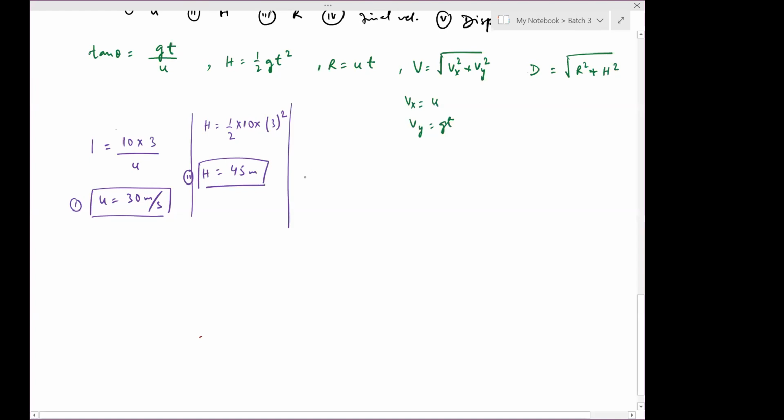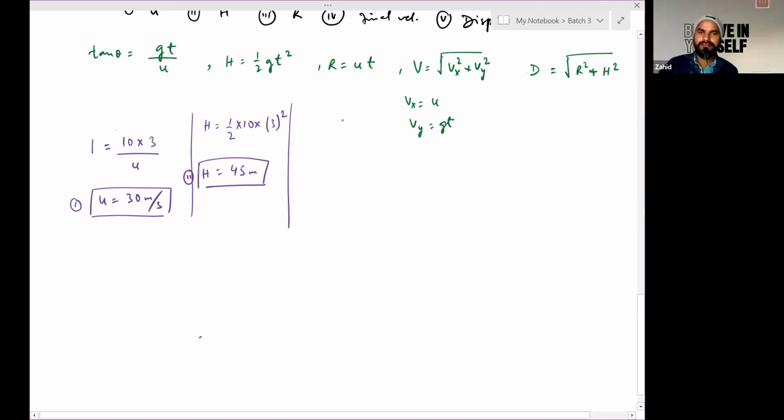Okay. If you put the values of u and t in this third part, you will get r equals u into 3. So it will be 90 meter. Third answer.